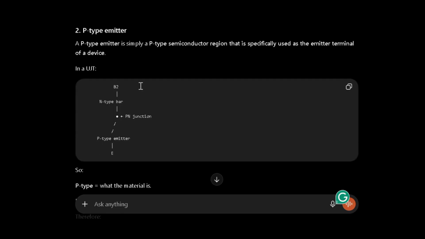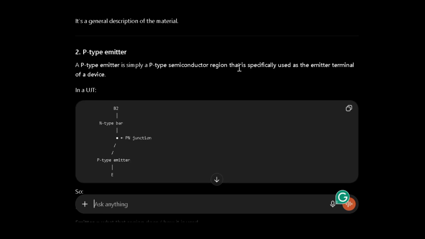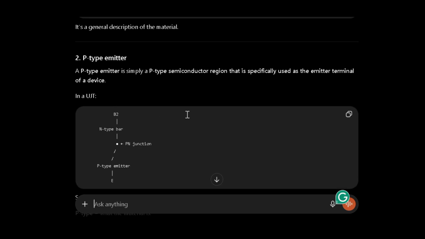You can see the P and N are forming a depletion region, and mobile carriers are recombining and disappearing, all happening in parallel.